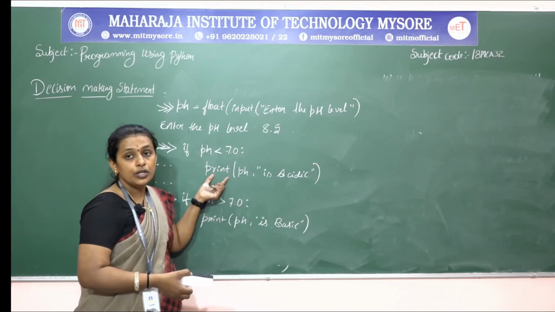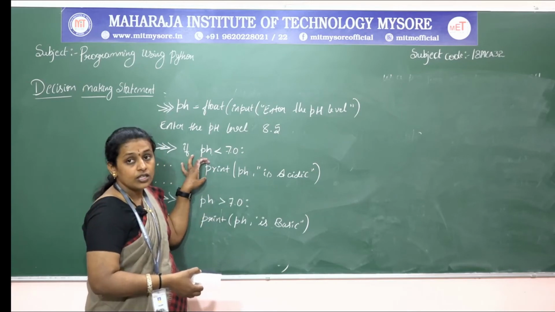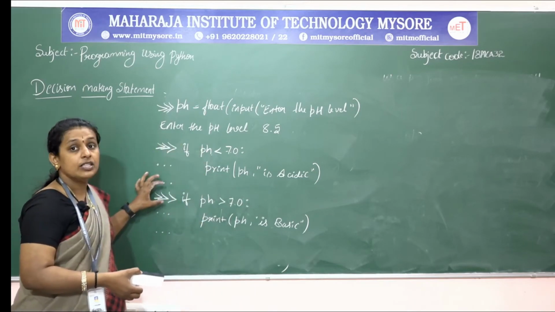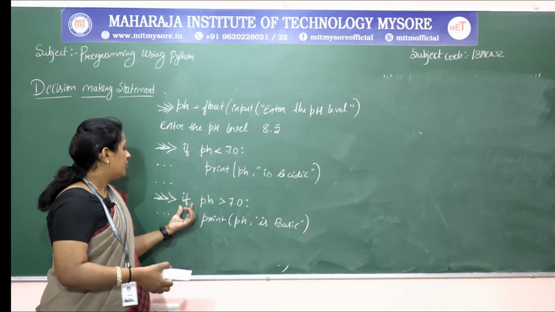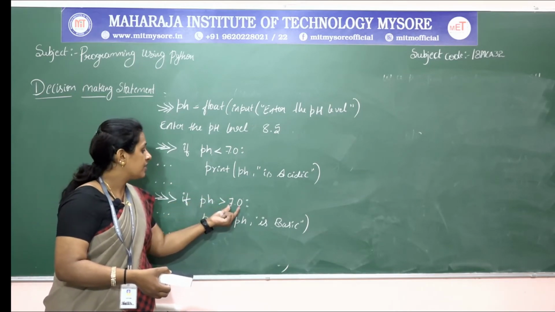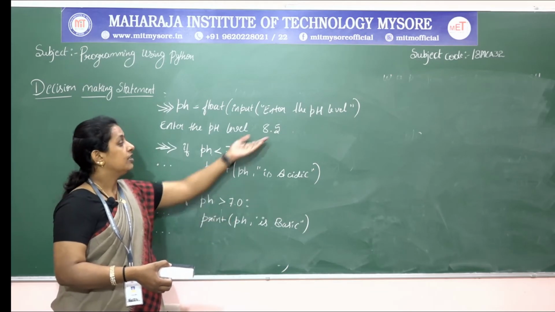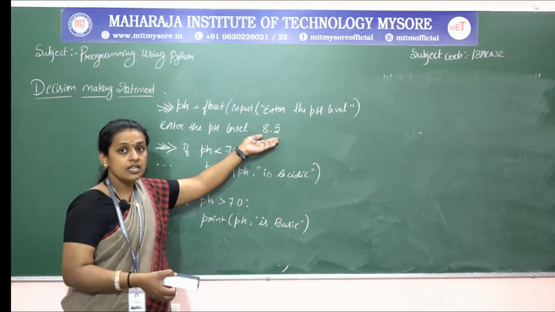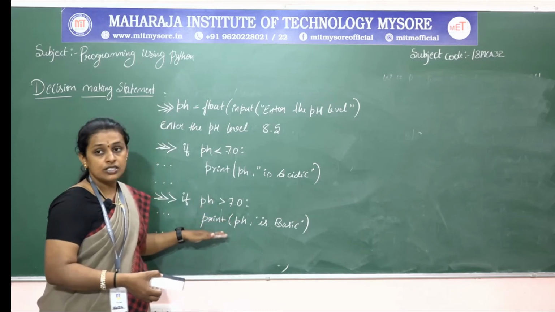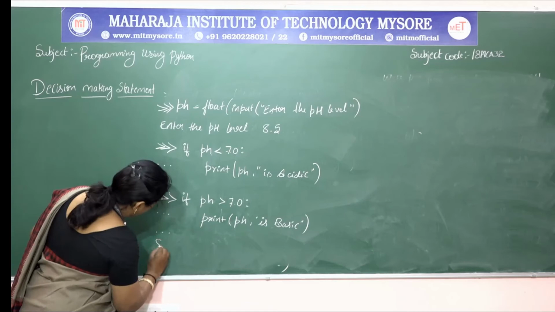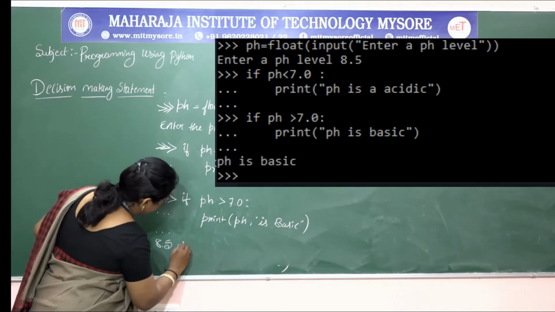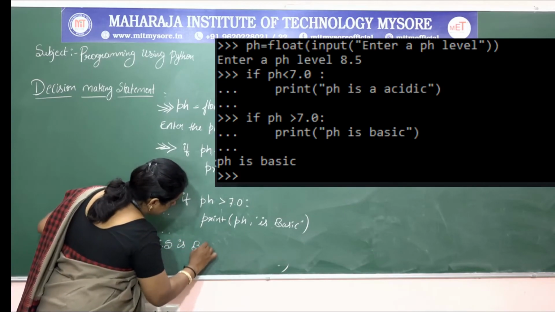Then it is not going to evaluate this if block, and then I need to check whether the pH is greater than 7.0. Yes, the value of pH is 8.5 and this condition is true, and I will get the output as 8.5 is basic.